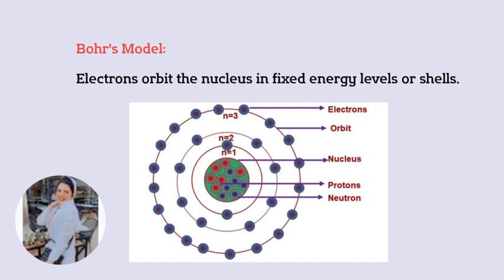Each path is called an energy level. We will discuss more about it later. So electrons stay in these levels without flying into the nucleus. So Bohr said electrons move in fixed paths.